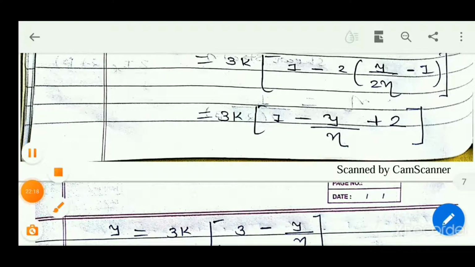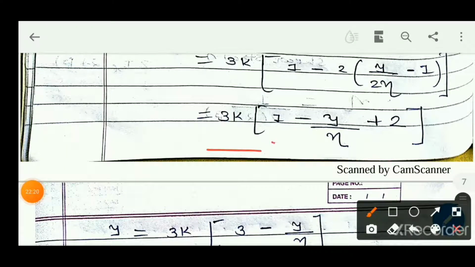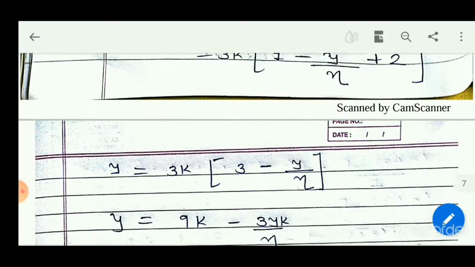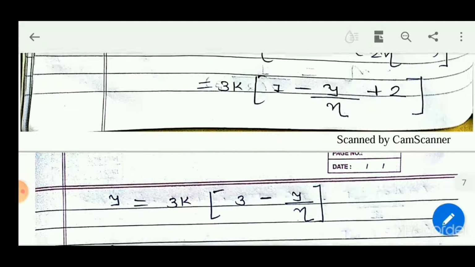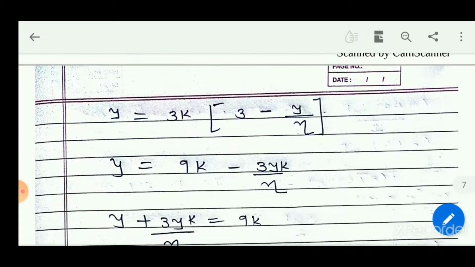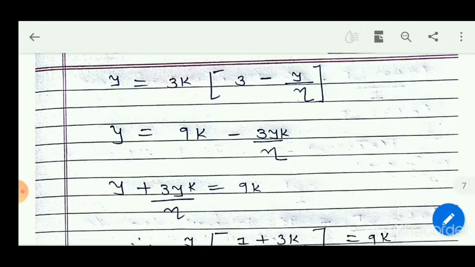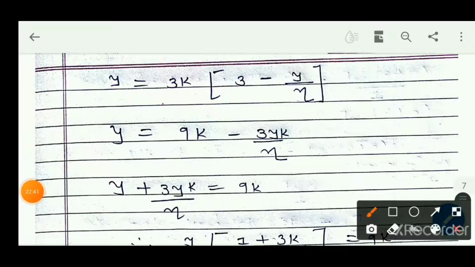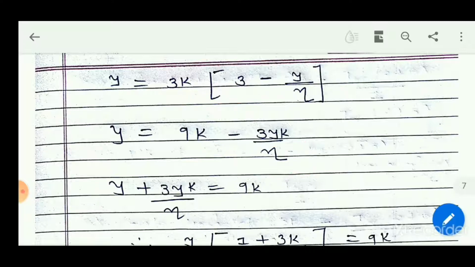Okay, so 3k into 1 minus 2 cancel, so Y upon eta, minus minus plus, so it will be plus 2. So it becomes 3k 1 plus 2 is equal to 3, so 3k into 3 minus Y upon eta.